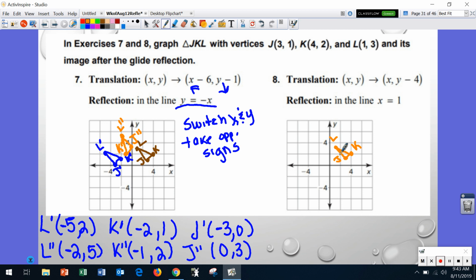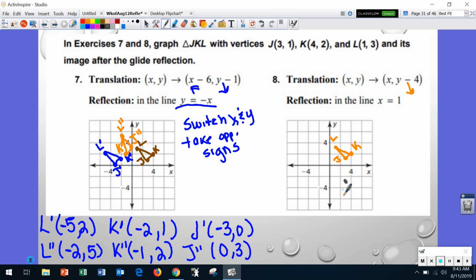Okay, so we put that on there, and this time this tells me with the translation to go nowhere with the X, but we're going to go down 4. All right, so let me get that first image, nowhere with the X, but we want to take all of them down 4. So this is 1, 2, 3, 4, and I'm counting in between because this is going by 2s.